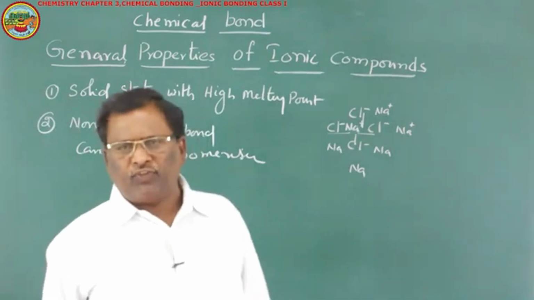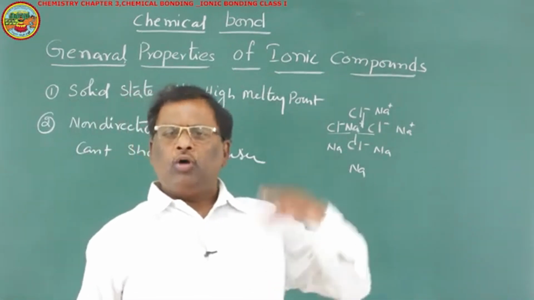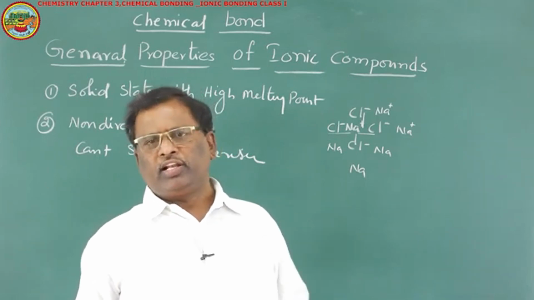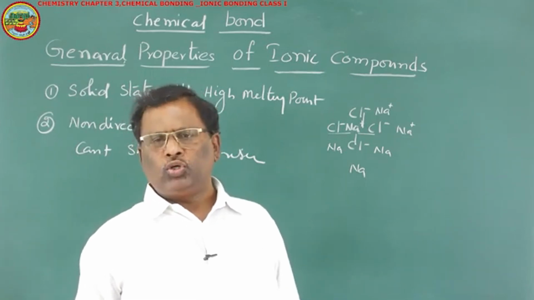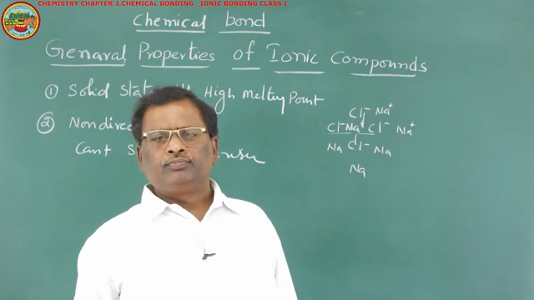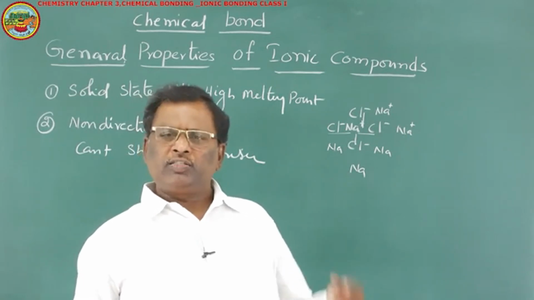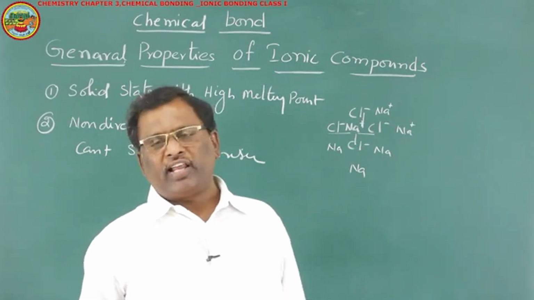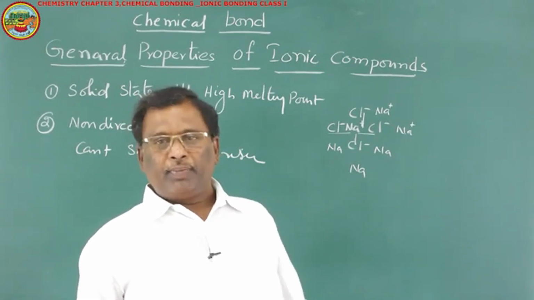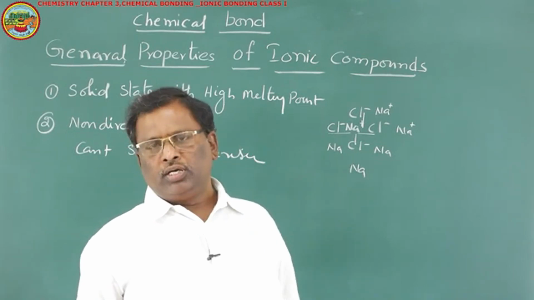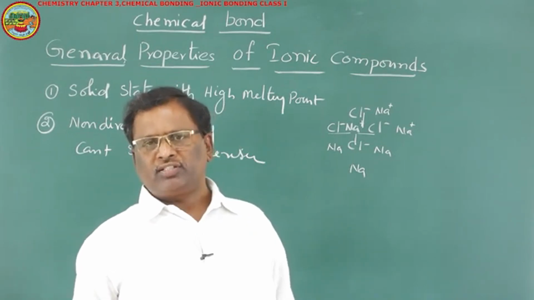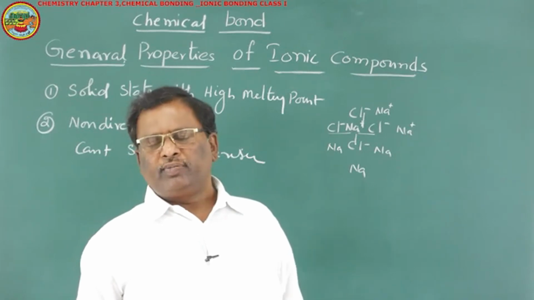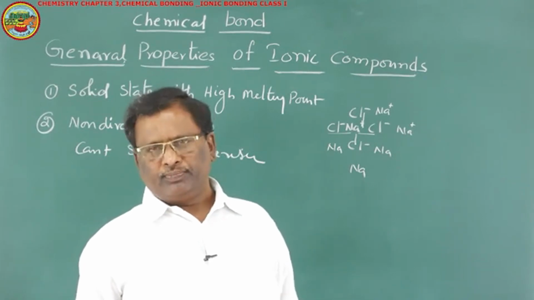If two or more compounds are possible with the same molecular formula, that phenomenon is known as isomerism. This isomerism is possible when the bond is a directional bond. Covalent bonds are directional bonds. In a particular direction, the bond will form. But in the case of ionic bonds, since they are non-directional bonds, they cannot exhibit isomerism.